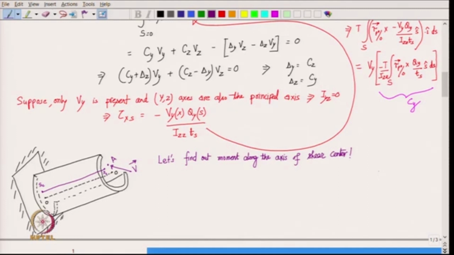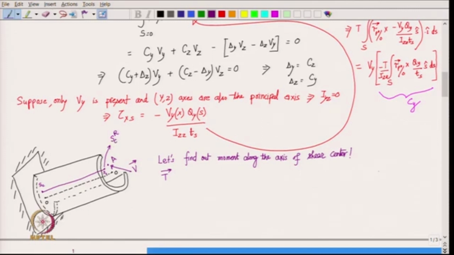To do that, let us just find out the torque about a point on the axis of shear center. Let us say that is this point SC for the right cross section.